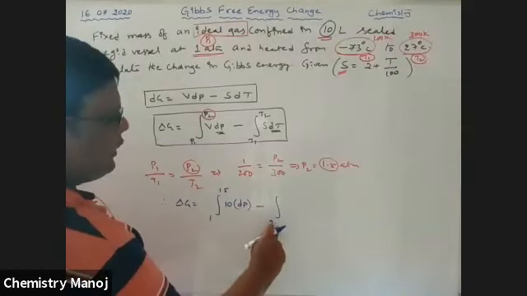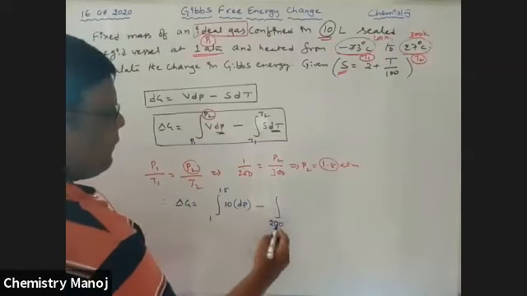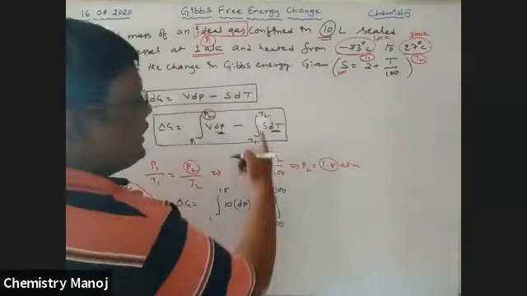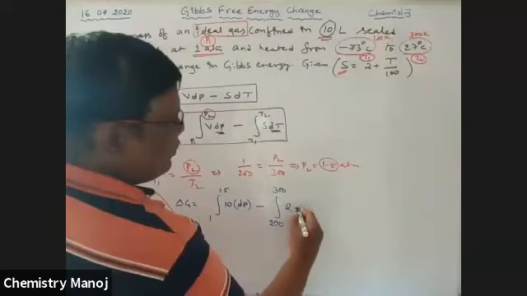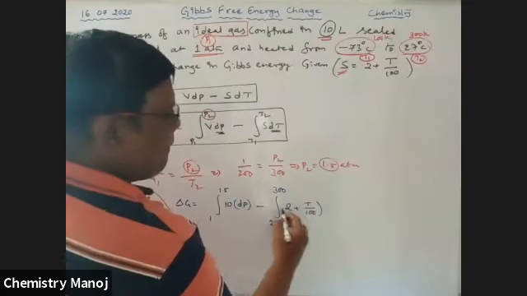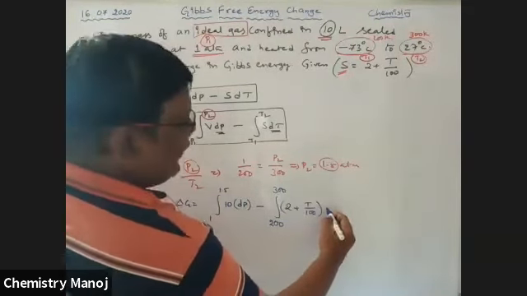T1 is 200 Kelvin, T2 is 300 Kelvin, and the S value is 2 plus T by 100, into dT.